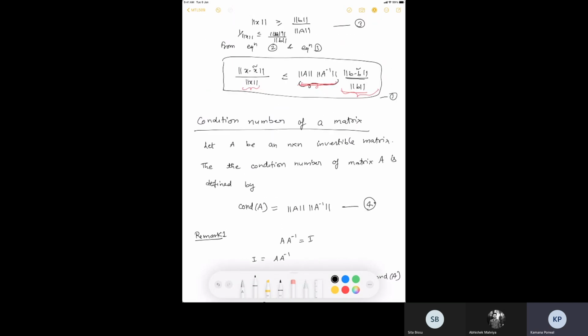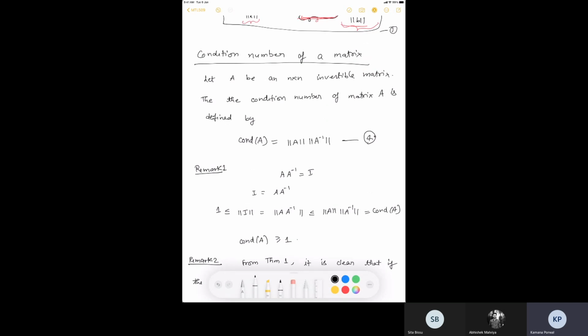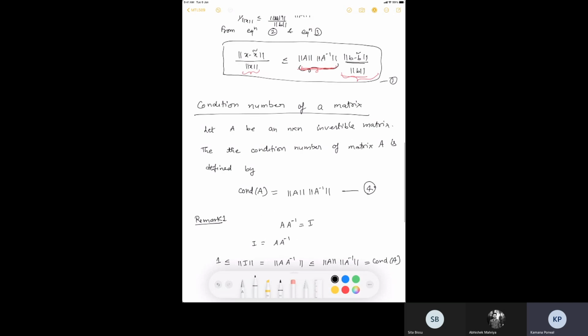Okay, so we have observed that this is always greater than or equal to 1. So if the condition number is close to 1, then of course, if the difference in the B and B tilde, that is if the relative error is small, then your relative error in the solution is also going to be small, right? But if your condition number is large, you can have the X and X tilde very far away.